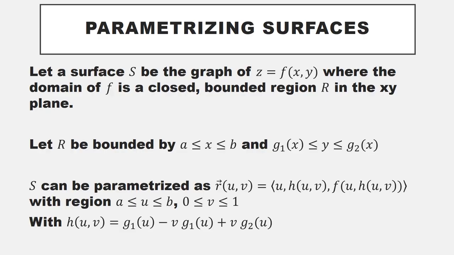And if we let my v go from 0 to 1 and do this, then y can be replaced with that function. And then, since z is equal to a function of x and y, I can just replace x with the letter u, replace the y with this expression, and my z component becomes that.